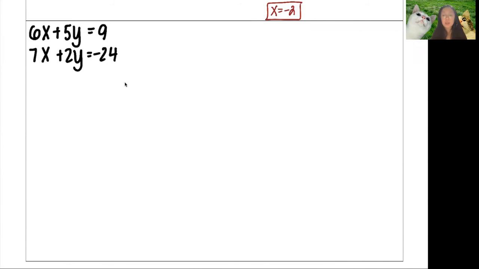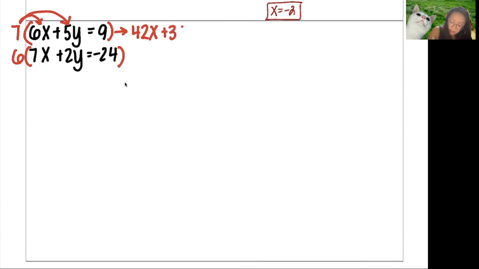So again, we're looking for opposite coefficients, but I don't see opposite coefficients, so we are going to need to multiply. We are going to be multiplying the top equation by 7 and the bottom equation by 6. When you multiply, please make sure you draw the arrow. 7 times 6x is 42x. 7 times 5y is 35y.